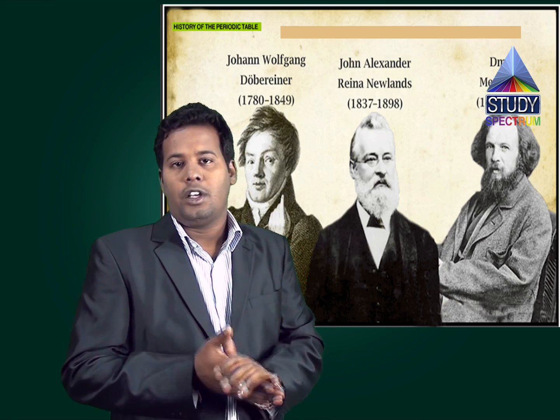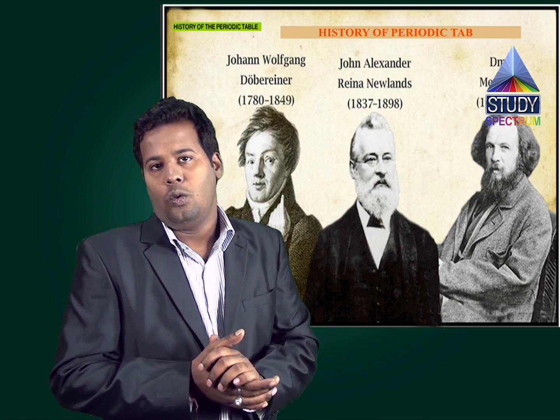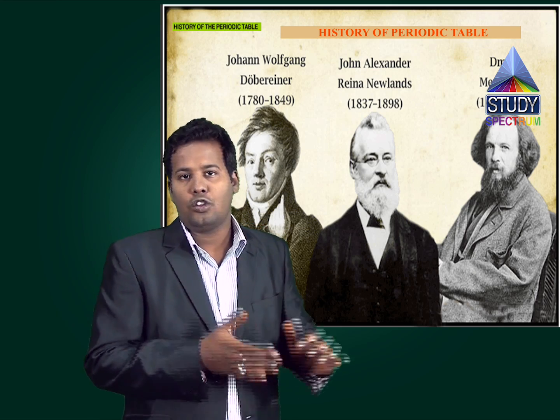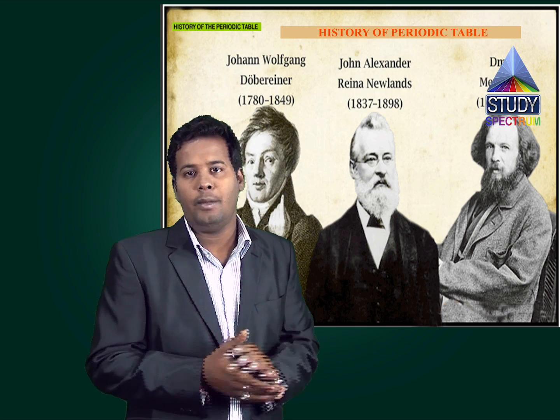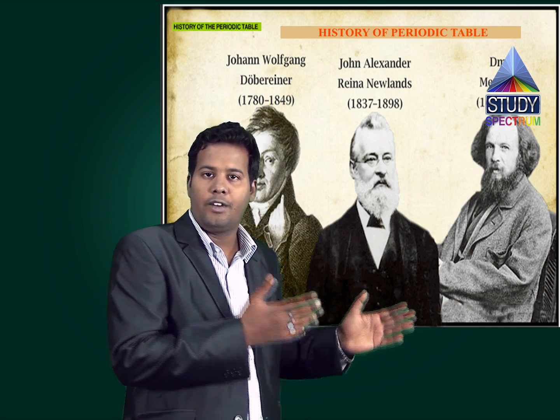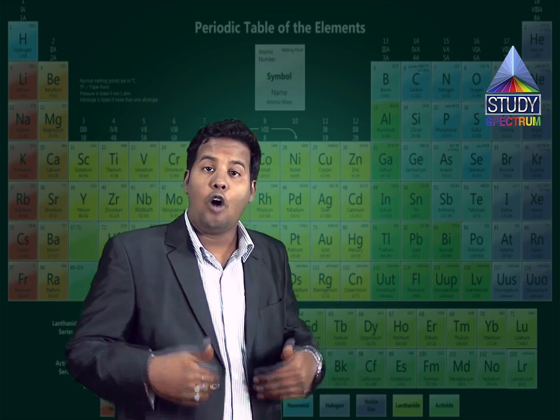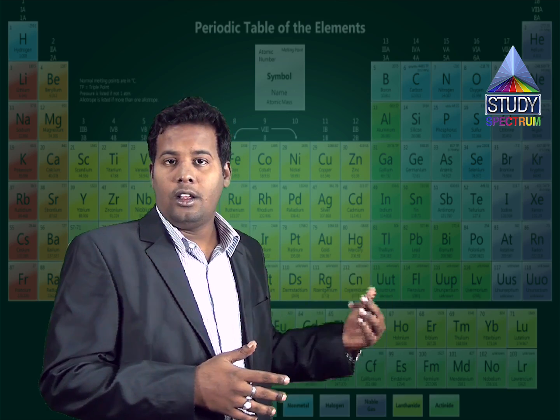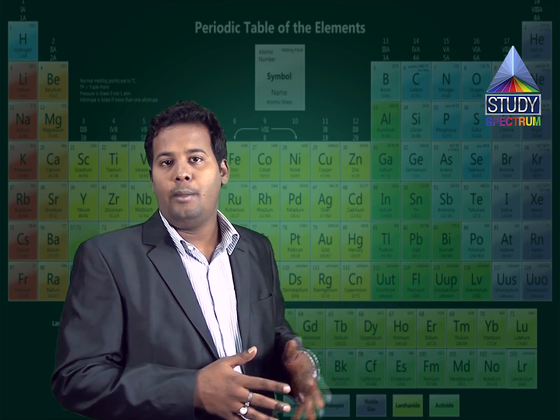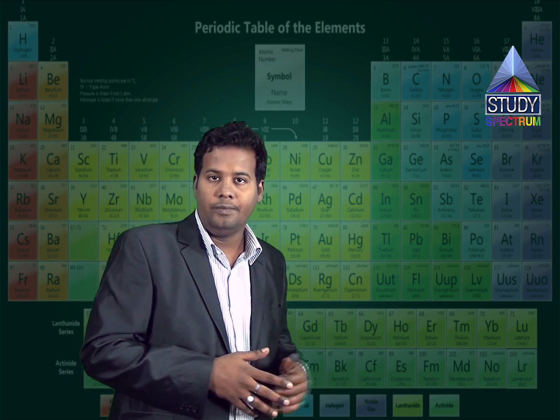So this is how we have seen three different scientists. I repeat again, the first one is Dobereiner, who gave the law of triads. He was not able to classify all the elements present at that time, and formed 4 different triads, each triad containing 3 elements. The law of triads was that the atomic mass of the middle element is the average of the first and third.